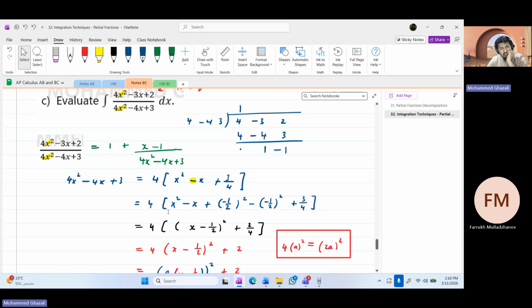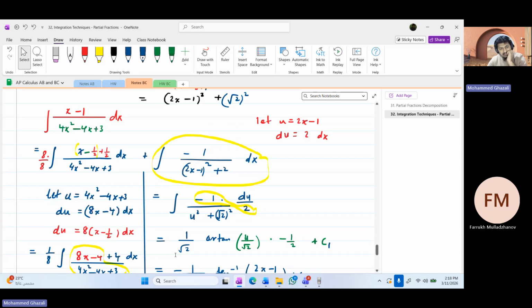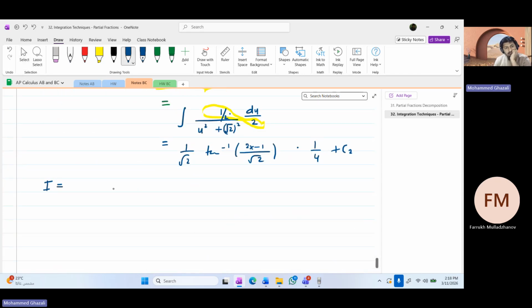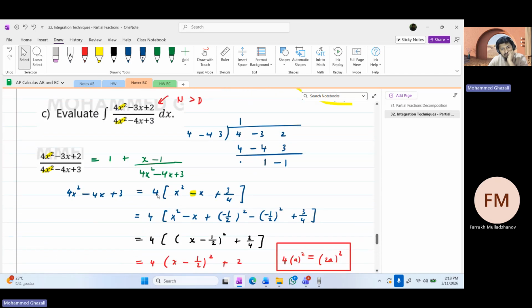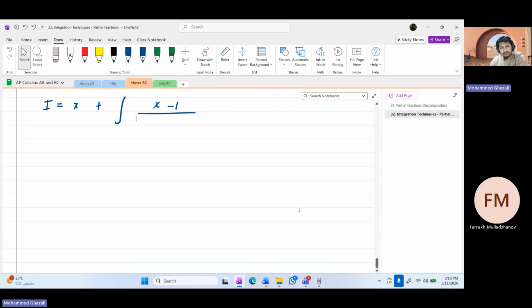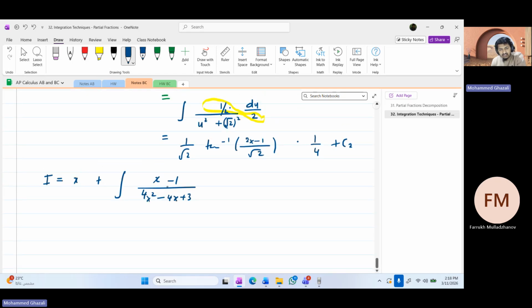remember, we need to go back to the original now. Integrate the 1, you get x, plus the integral of x minus 1 over 4x squared minus 4x plus 3. What I'm saying is, we should have rather modified this part instead of doing all this.